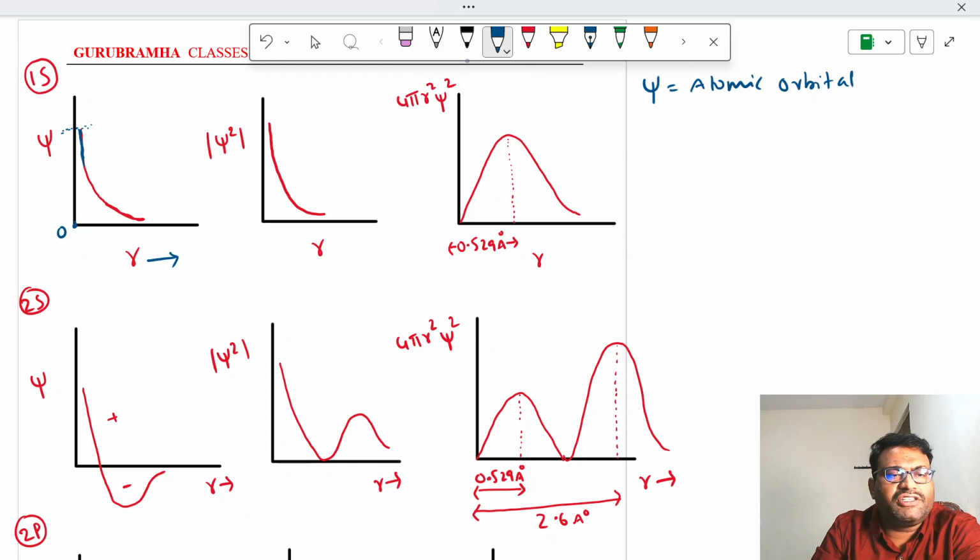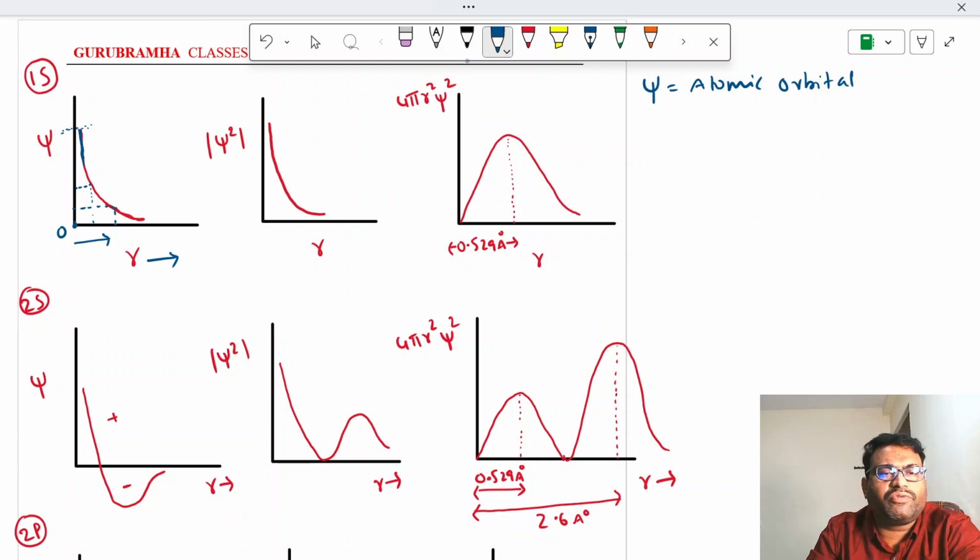And when the distance from the nucleus increases, the probability decreases. That is the graph obtained between psi and radial distance from the nucleus.